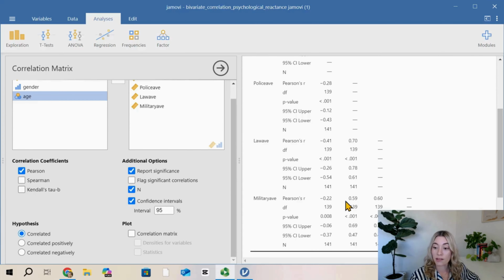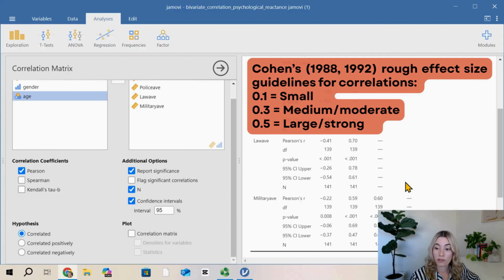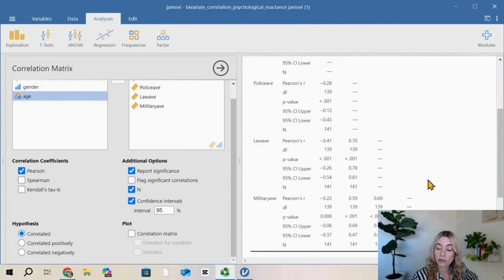So once we've considered the direction of the relationship as indicated by the sign, we then go on to the numerical value, and this tells us about the strength or the magnitude of the relationship. Using Cohen's conventions, we could consider this a strong relationship. We can also calculate the coefficient of determination.